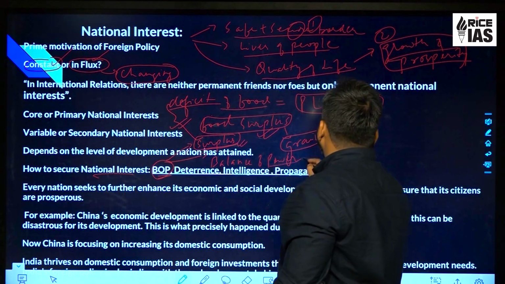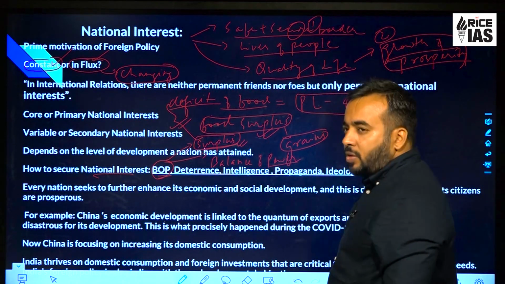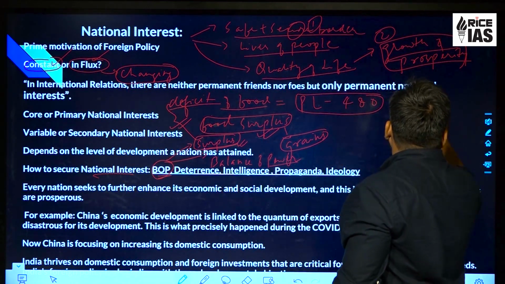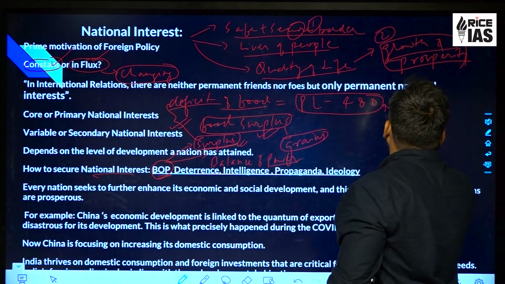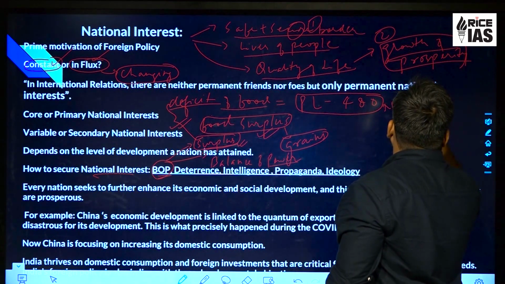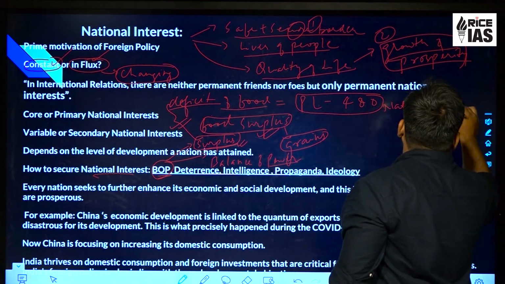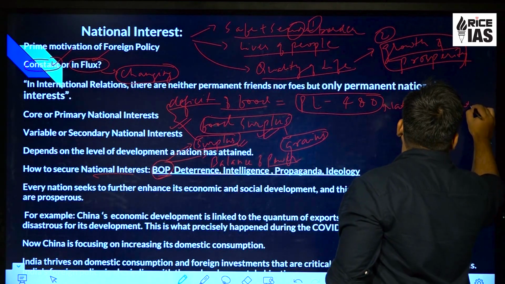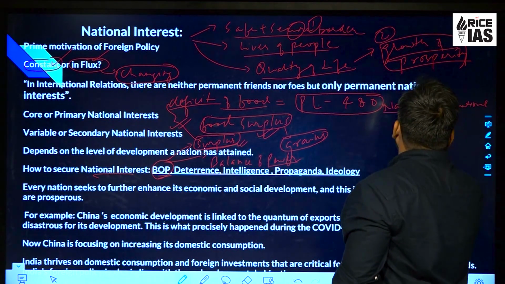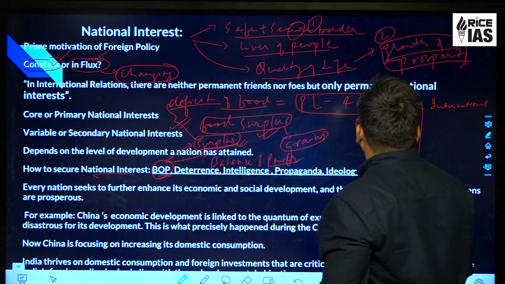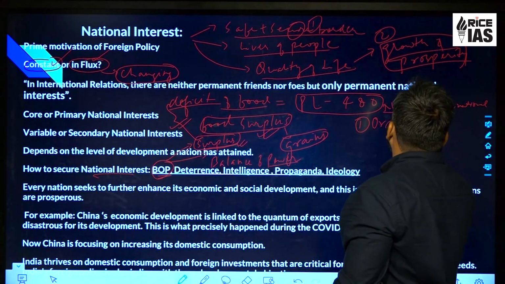Let's talk about power first. Power is important in the sense that at the national level, and then we have the international level. Here we have order, some kind of order.